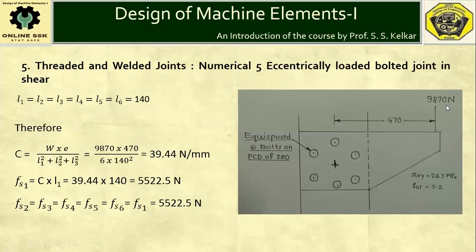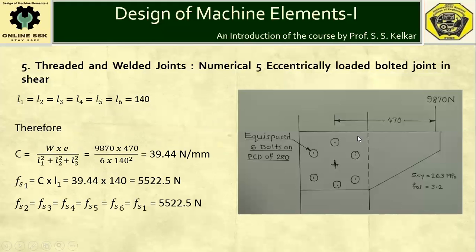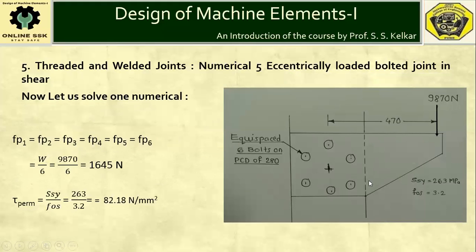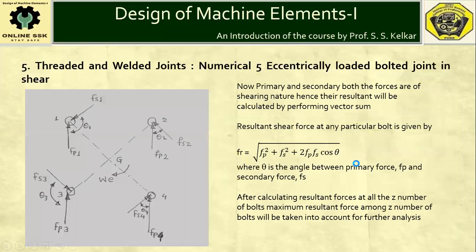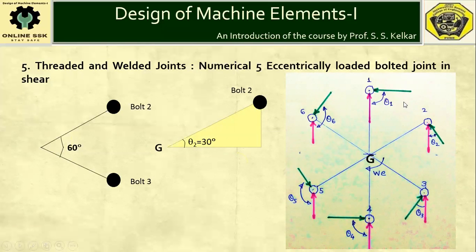Now here one can see that the externally applied load will cause clockwise rotation of the bracket. So the secondary force is to be considered in opposite sense. That means the secondary force should be in such a direction as to cause rotation of the bracket in anti-clockwise sense.